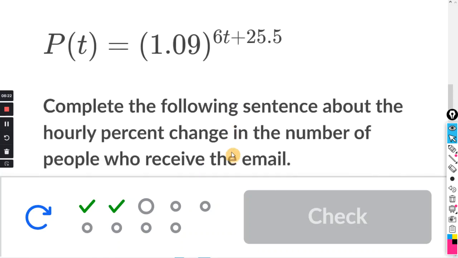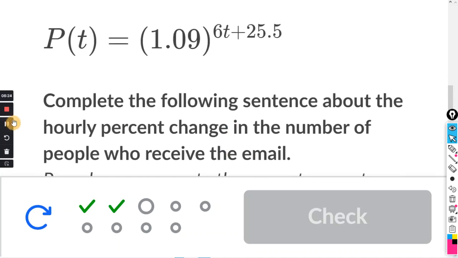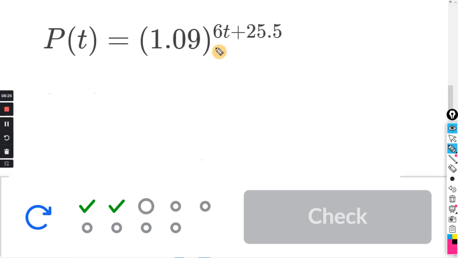Okay, so your best bet here, if you want to see what it's increasing by each hour, we'll do it at t equals 0. We'll evaluate it. That's going to be 1.09 to the power of 6 times 0 plus 25.5.